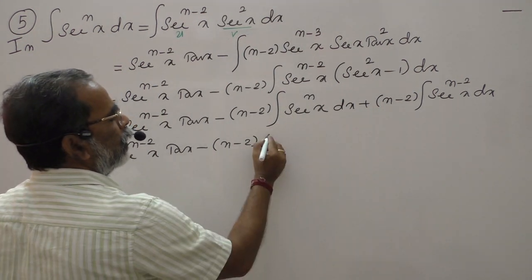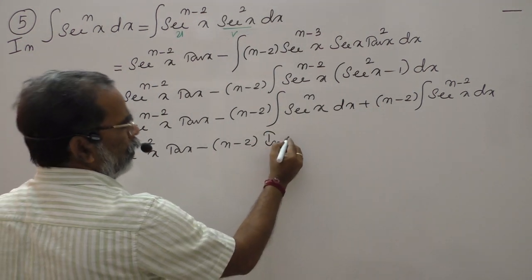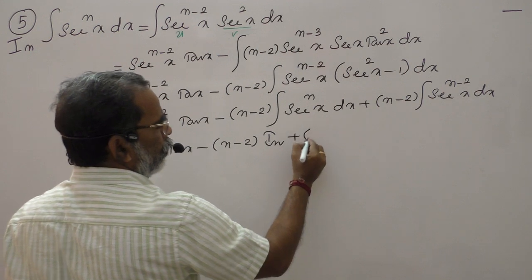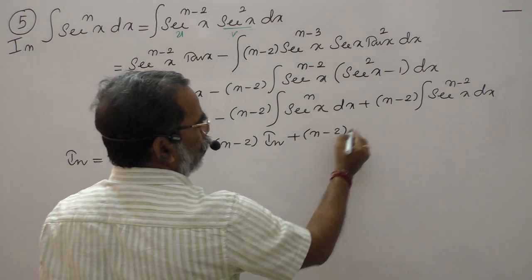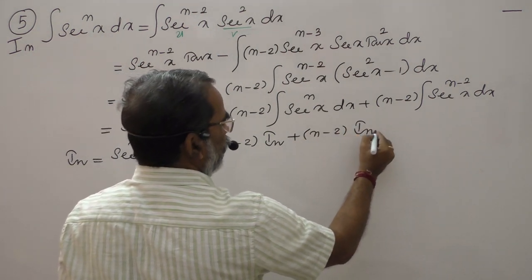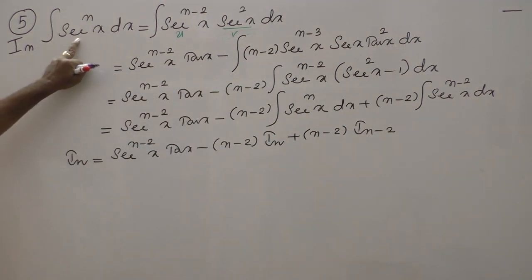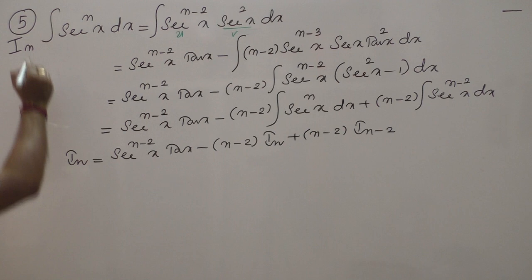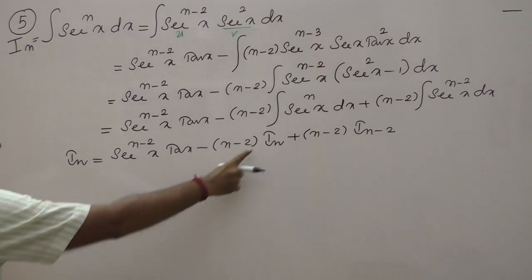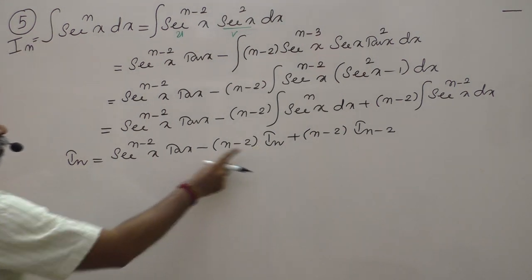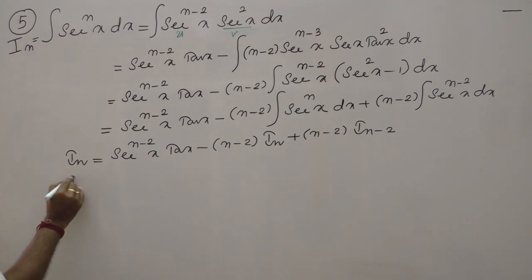This is nothing but I_n plus (n minus 2) into this can be I_(n minus 2). Here we are finding this, that means we are finding I_n. So there is one more I_n here, no? Writing this on the left side, you take I_n common.